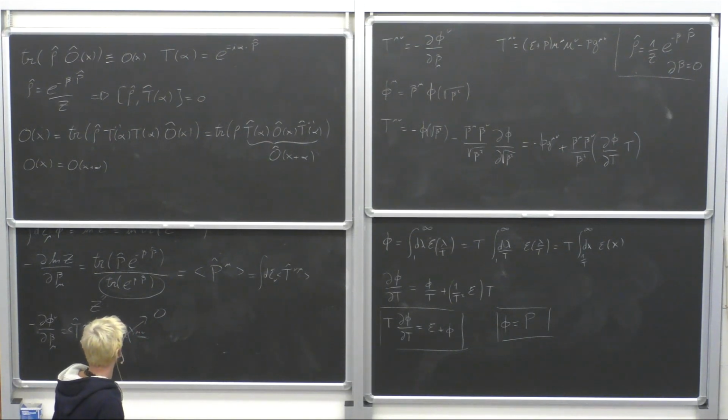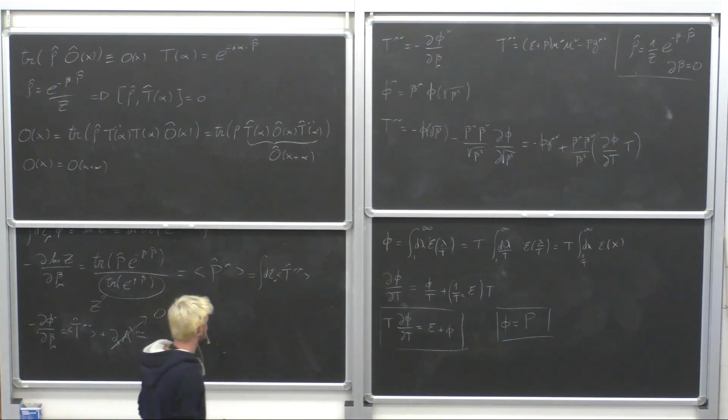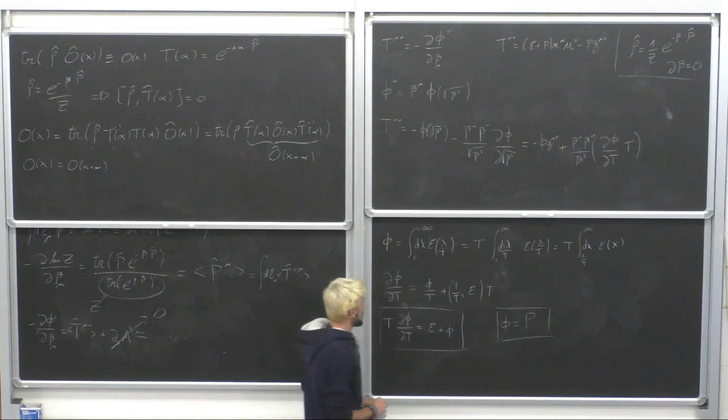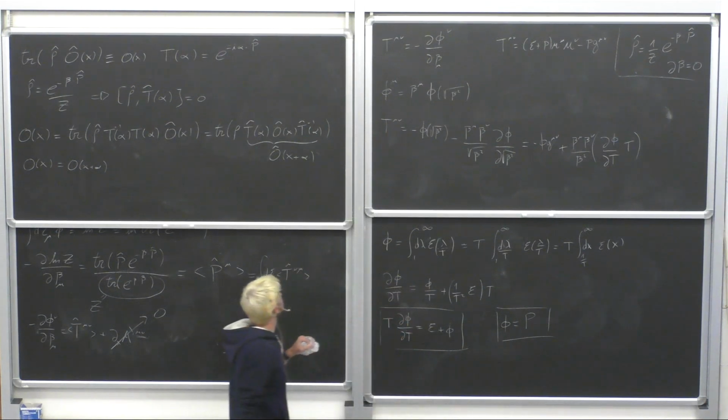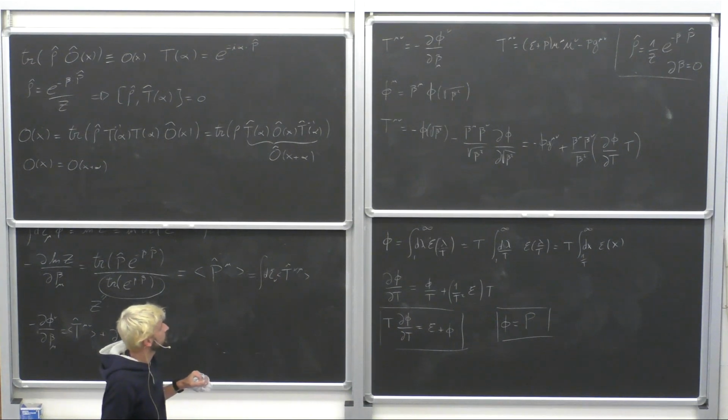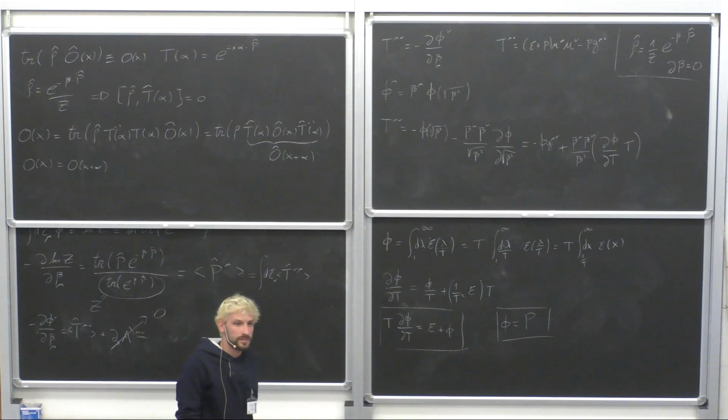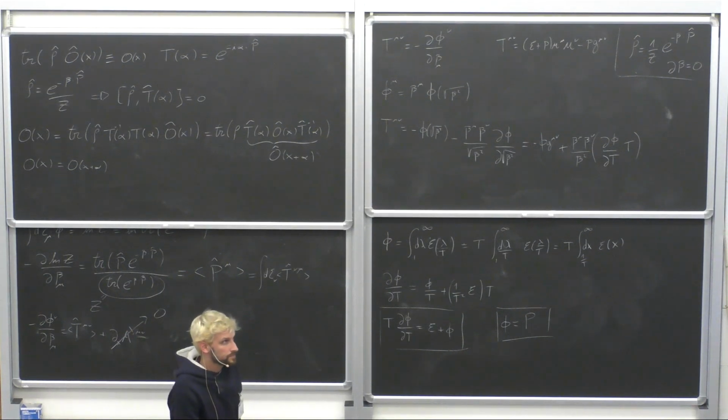I think at some point it was needed that beta is a constant. I think at some point we used that beta does not depend on lambda. That maybe is the point where you need it.